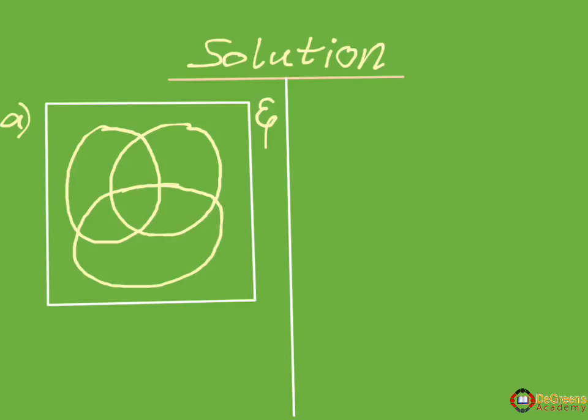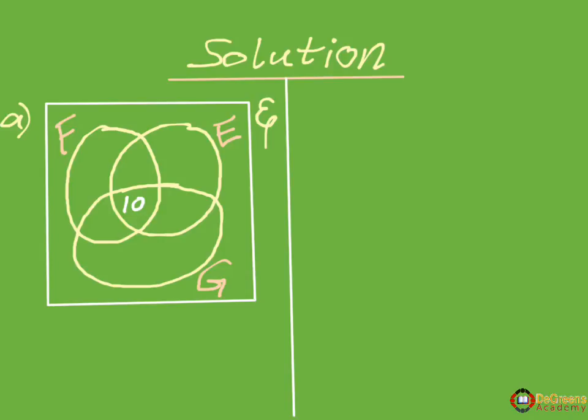French is denoted by F, English E, and German G. So 10 students study all 3 languages, so we affix 10 in the region for all 3 sets.